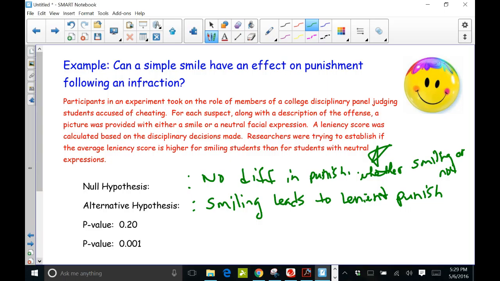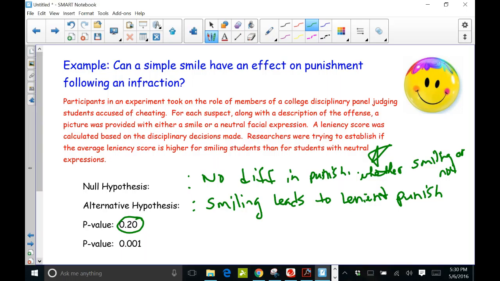Now, if we did an experiment and we collected our data and we got a p-value of 0.20, that's pretty high. Remember, the p-value is the probability of observing the results that we did, given that there's no difference in the punishment whether they smiled or not.